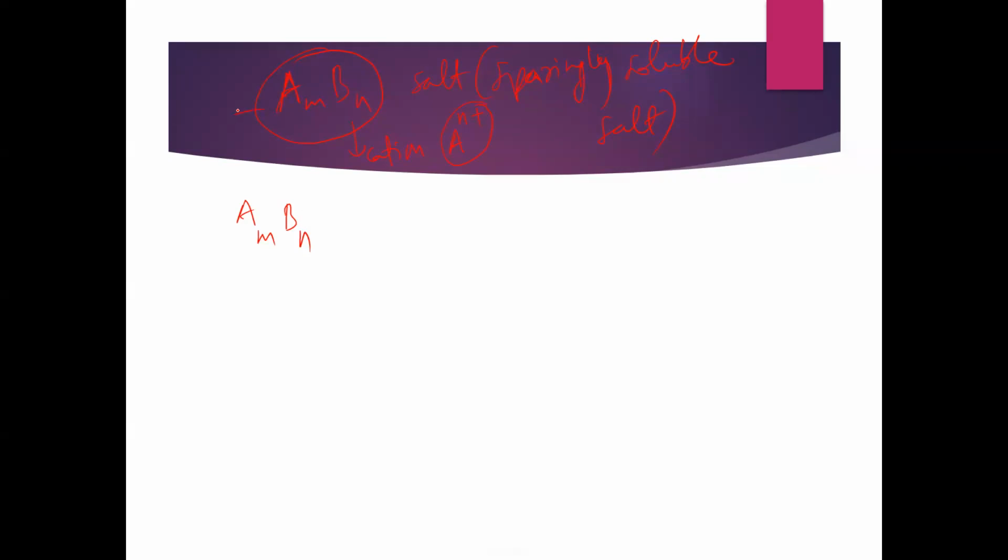And what is the anion of this salt? B minus m. So B minus m is the anion, and A plus n is the cation.